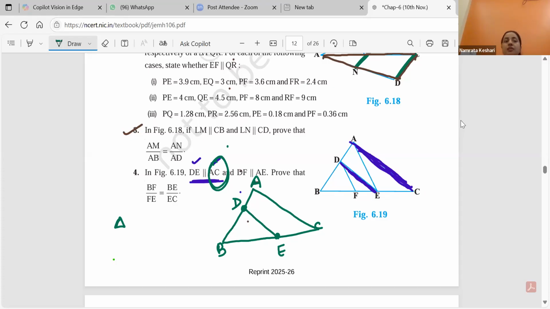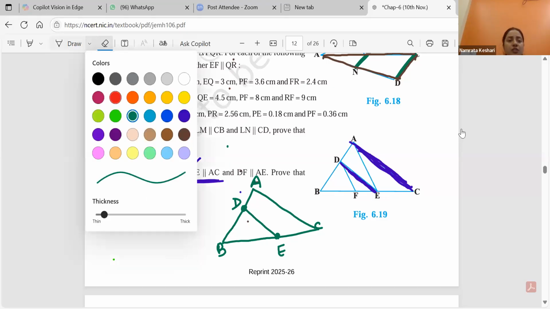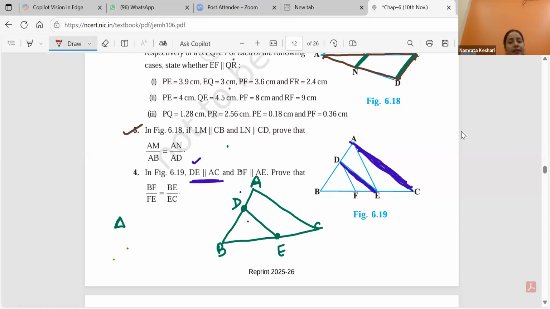Okay, this is what we have to do to identify the triangle properly. This type of figure will be there, or a much trickier, more confusing figure, but you have to identify the triangle. How will you identify it? Just look at the highlighted part, the blue one: AC is there, DE is there.